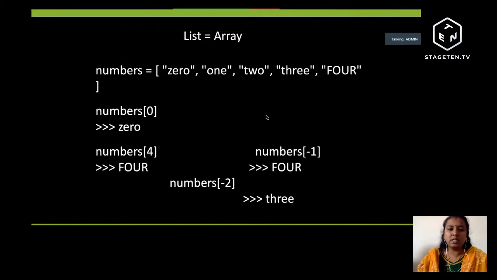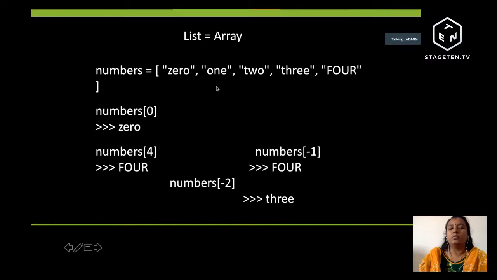Using a list, we can do so many operations. Once you create the list, how do you access the elements in the list? It starts from index 0, and then it will be 1, 2, 3 and 4, like that.